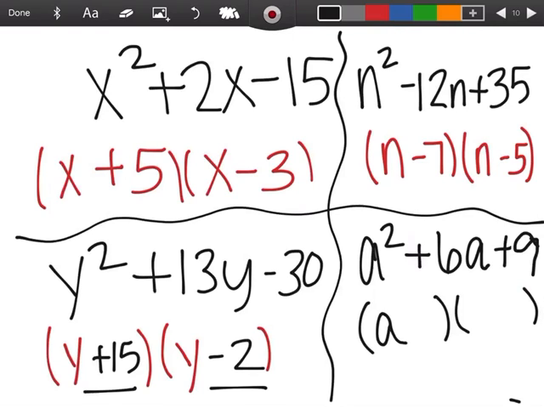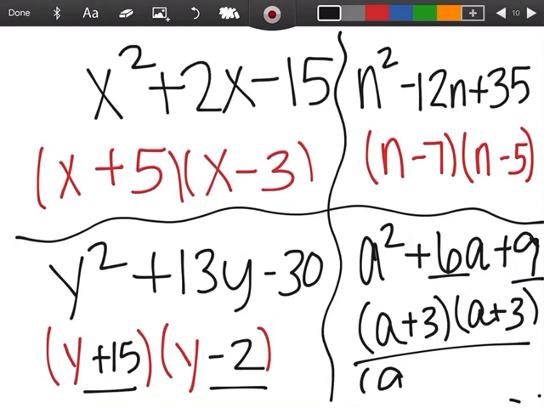And then last, we have a and a. Two numbers that multiply to be 9 that add up to be 6 are 3 and 3. So there's nothing wrong with leaving this as your answer, but something that I can recognize is that if the quantity is written twice, that's the same thing as writing it squared.